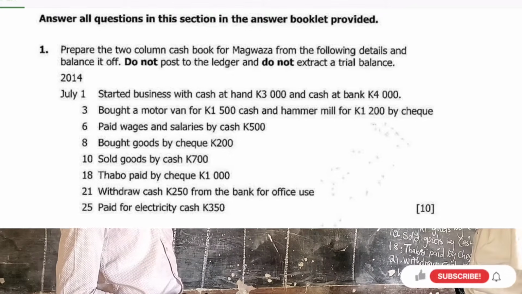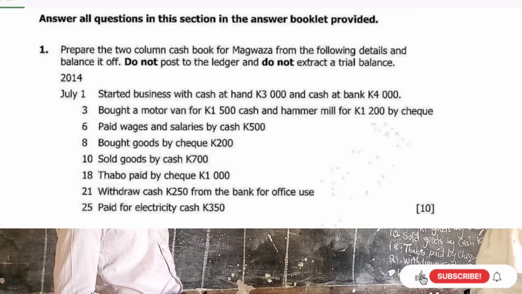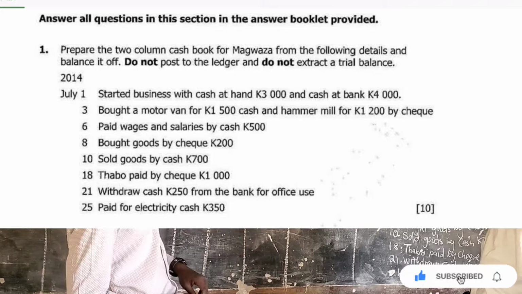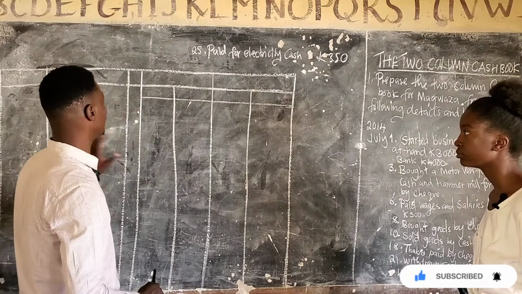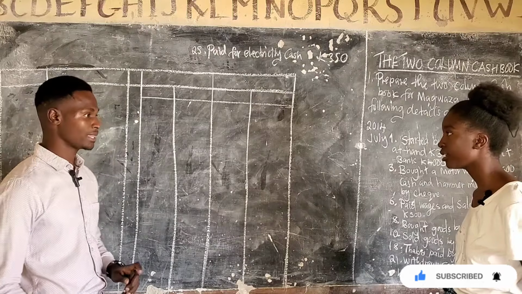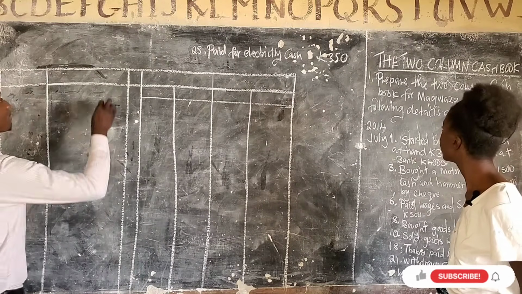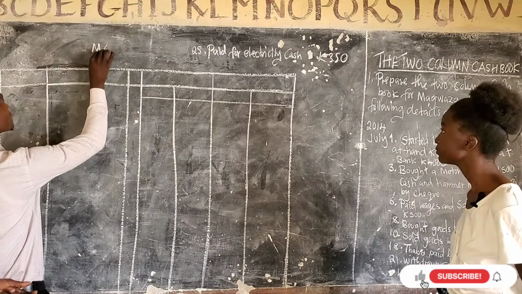2014, July 1, started business with cash at hand 3,000 and at bank 4,000. Now, since we know what we're supposed to do, it's very important to start with the title. What's the name of the person? Magwaza, right?